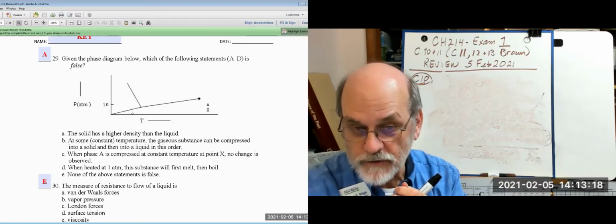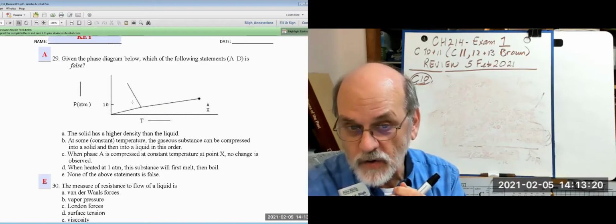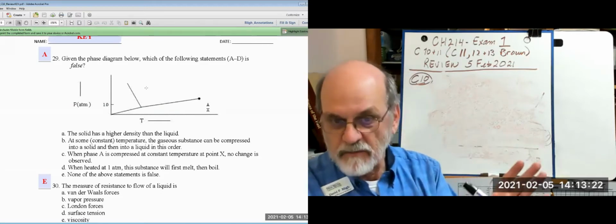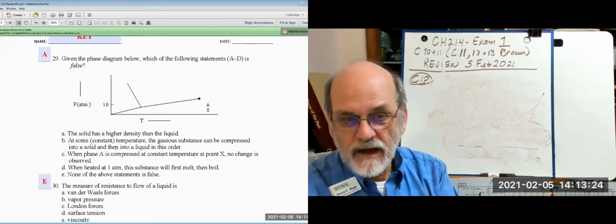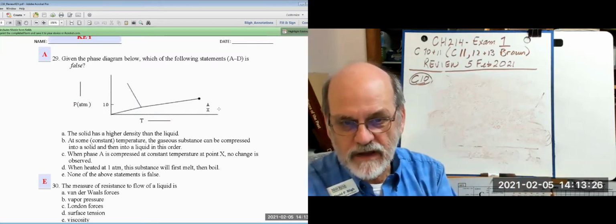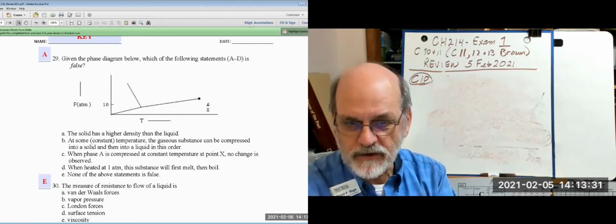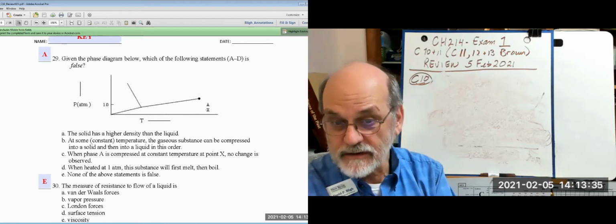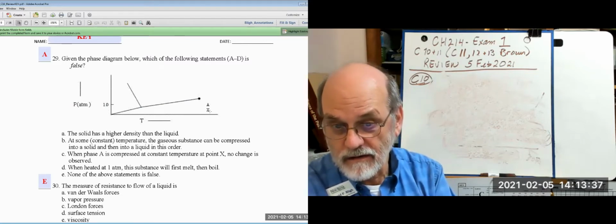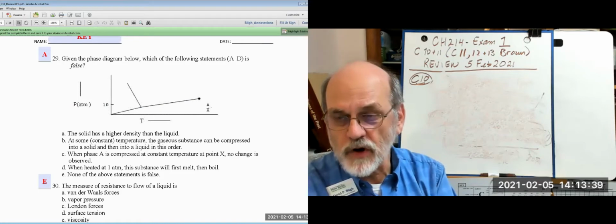That's true. If, say, we were right in here, we could go into solid and then liquid. B is true. When phase A, over here, is compressed at constant temperature, at point X, here, no change is observed.